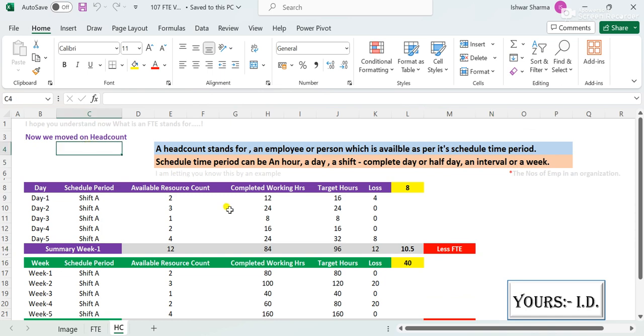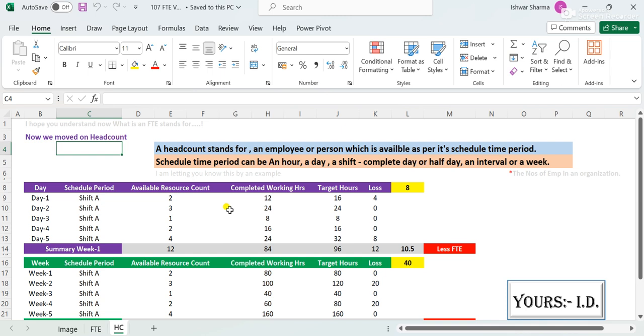Headcount stands for an employee or person who is available in the company as per their scheduled time period. The scheduled time period can vary: scheduled for an hour, for a day, for a shift, for a complete day, for half a day, or for an interval.